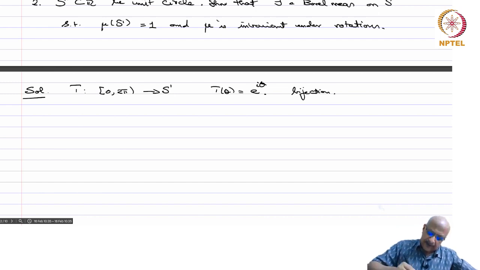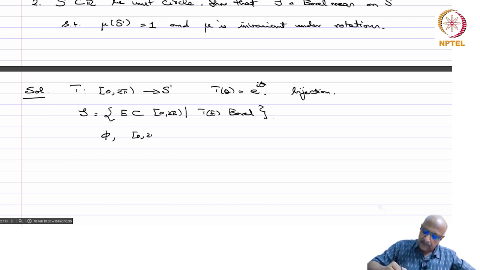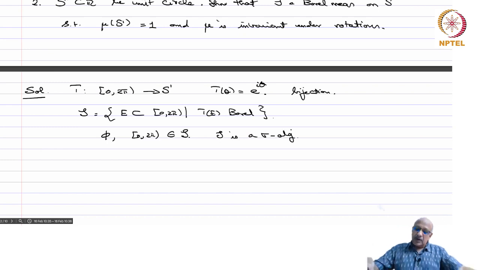So you define S to be the set of all E contained in [0, 2pi) such that T(E) is Borel. Obviously the empty set and [0, 2pi) belong to S, and S is a sigma algebra because T is a bijection, so it's closed under complementation and of course under union.